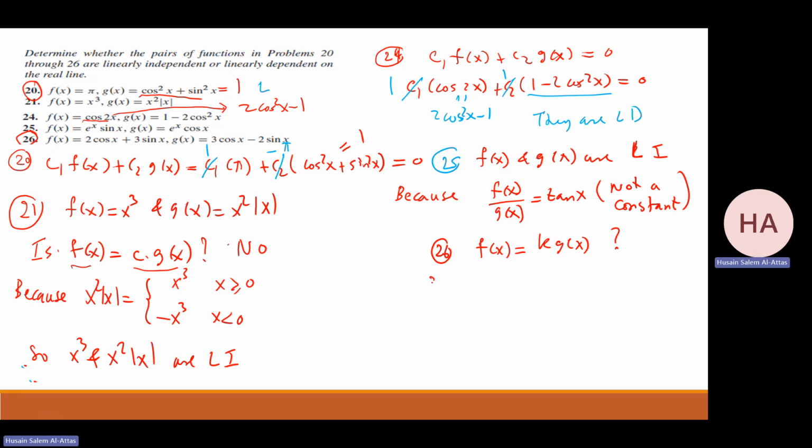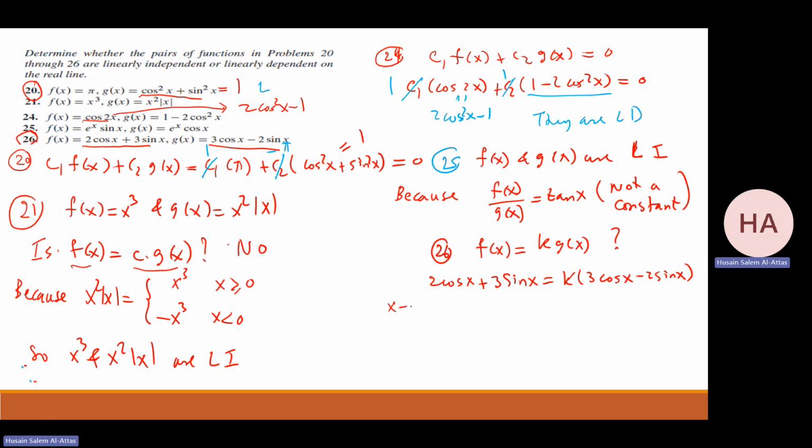Check. I have 2 cosine x plus 3 sine x equal to k times (3 cosine x minus 2 sine x). Very clear by looking, this is impossible. Multiply by a constant and get this. But just for calculation, is it possible to find a k satisfying this, which is very clear is impossible?